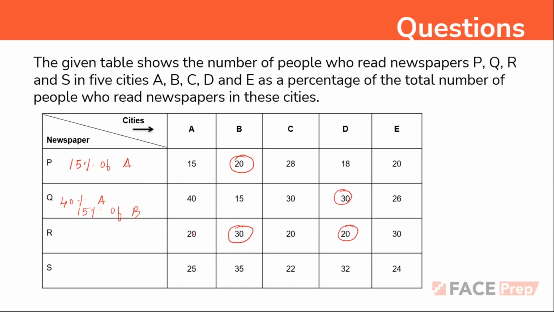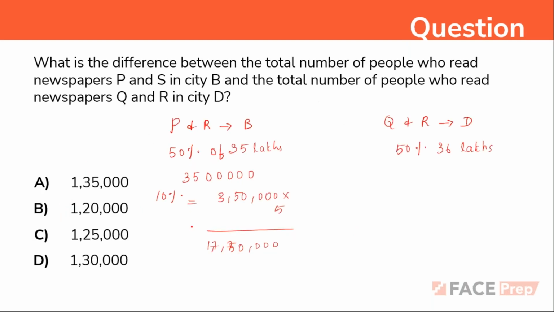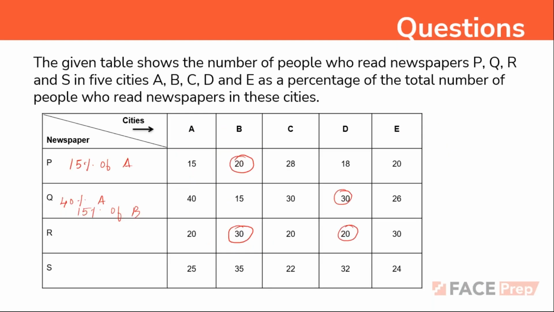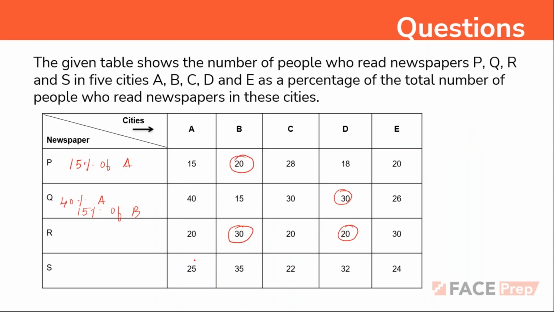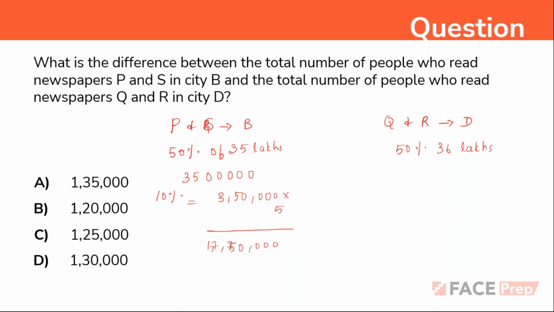Once again, people. Sorry, P and S in city B. So 55 percentage. 10 percentage is 3,50,000.